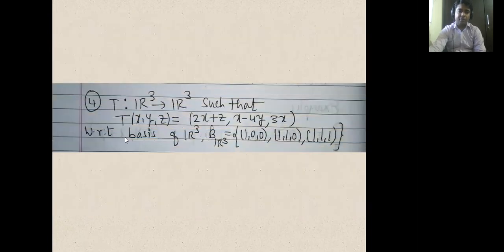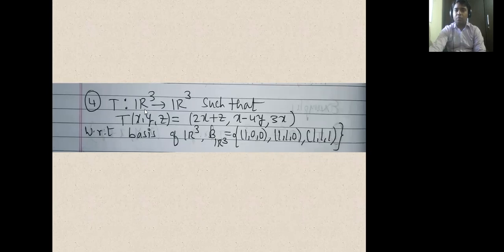What I will do is solve the fourth exercise. The fourth exercise is T from R3 to R3 such that T of (x, y, z) is equal to (2x + z, x - 4y, 3x), with respect to the basis of R3 given by (1,0,0), (1,1,0), (1,1,1).